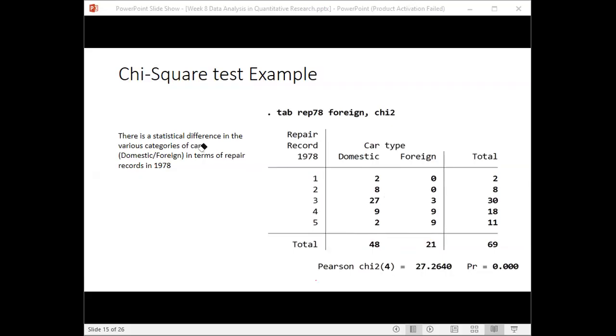Let me put the null and alternative here. The null hypothesis, H0, is saying that there is no relationship between the repair records and whether the car is domestic or foreign.